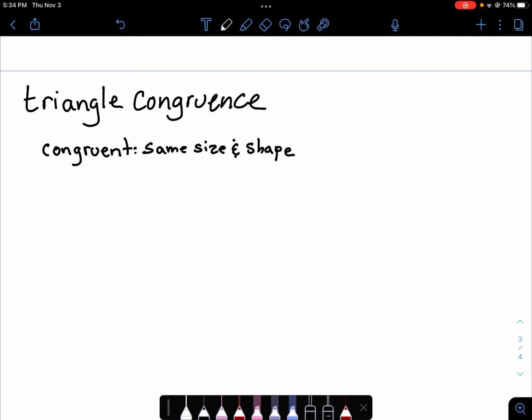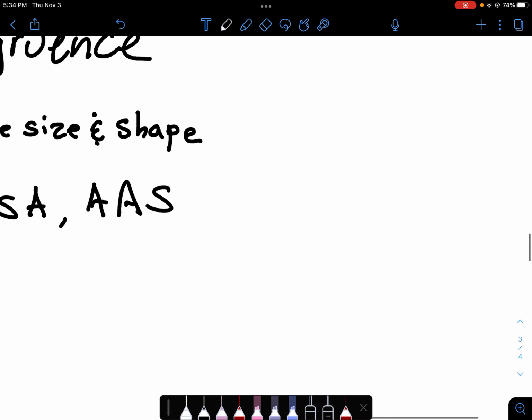We have side, side, side; side, angle, side; angle, side, angle; and angle, angle, side. And it's an important note that side, side, angle is not a rule.